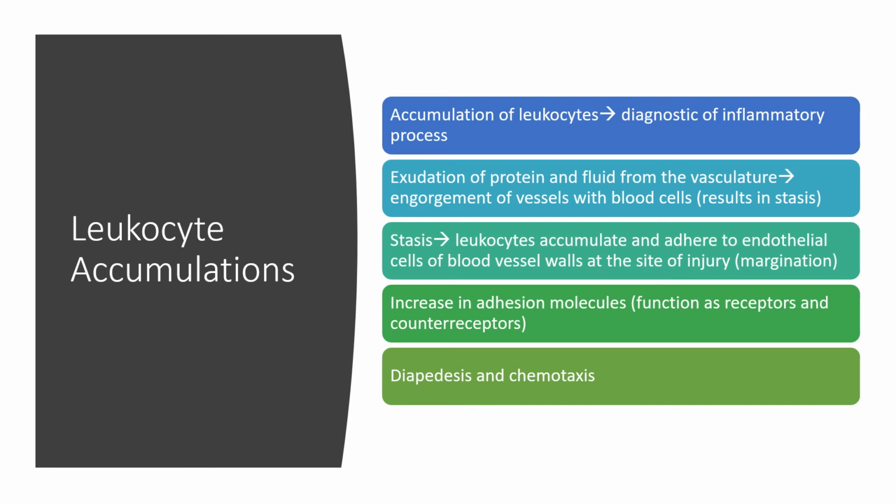The other leukocytes, such as the T cells and the B cells, or the T lymphocytes and the B lymphocytes, are agranular. So the accumulation of leukocytes, again, is diagnostic of the inflammatory process occurring. And during acute inflammation, we have what is known as neutrophilia.